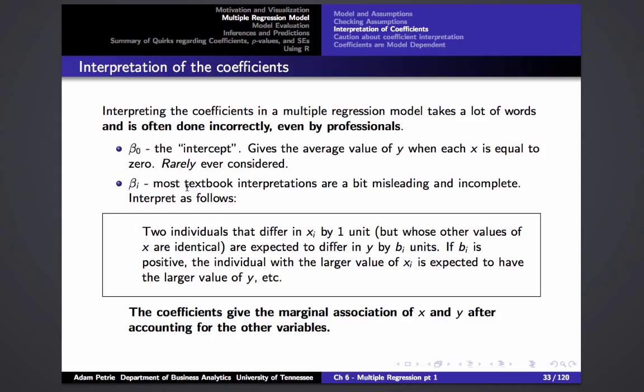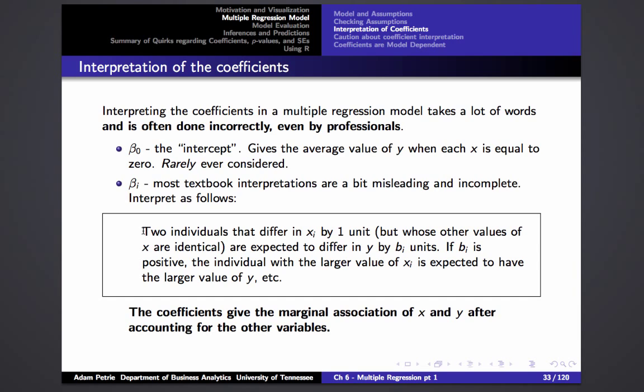So most textbooks interpret it in a particular way. I actually don't like that way because I feel it's a bit misleading and incomplete. So here is how we are going to interpret the coefficients in a multiple regression model. And this is about the most complete, specific, accurate way of interpreting what that coefficient means that I can come up with.